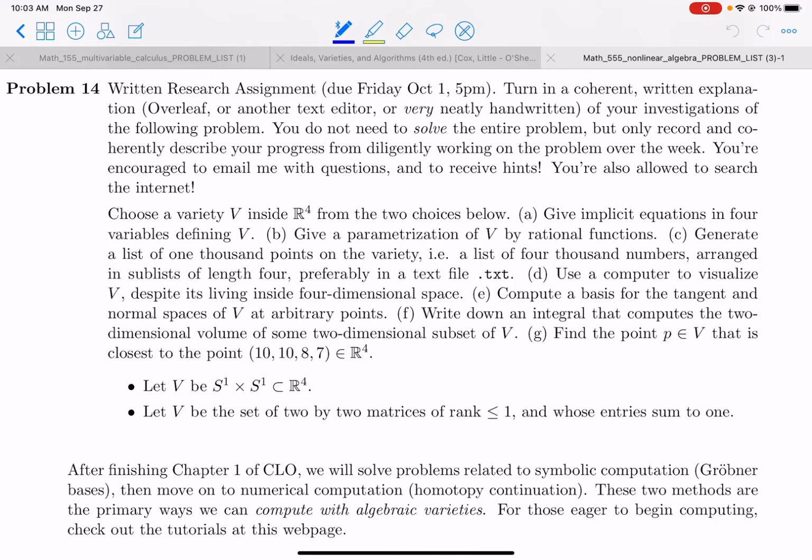I actually prefer to write x1, x2, x3, x4 such that the x1, x2 sum of squares is equal to 1, and the x3, x4 sum of squares is equal to 1.